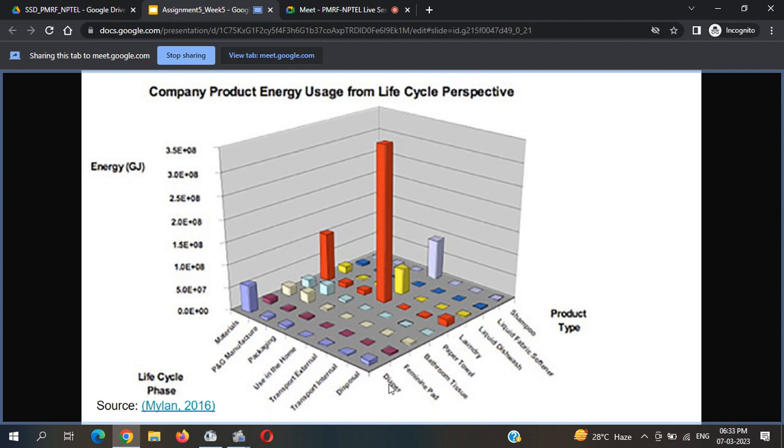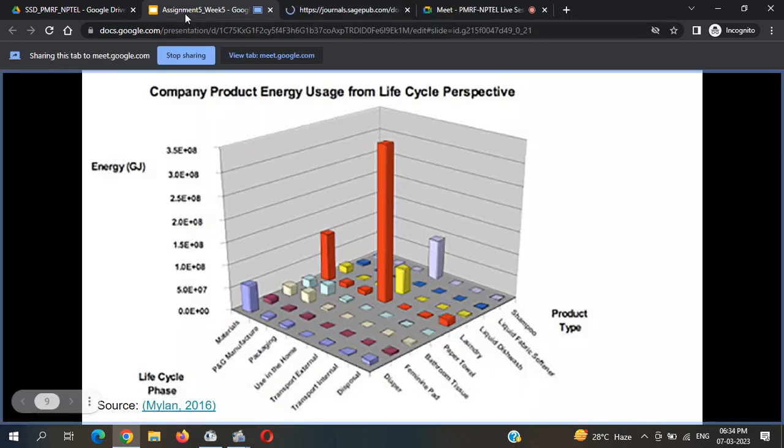You can see it is there for bathroom tissue, then paper towels, laundry, liquid dishwash, and several other things. I have provided you the link here, and it shows you the energy consumption during the material extraction, then manufacturing.